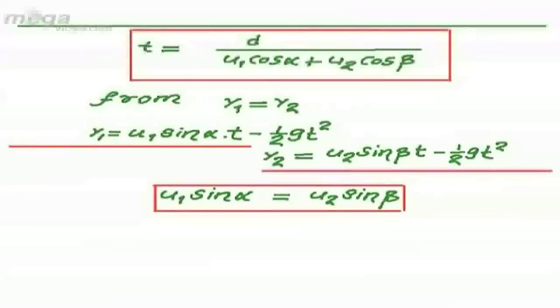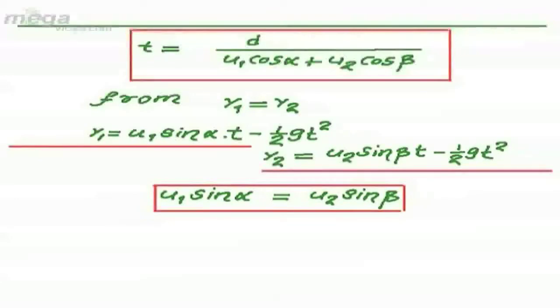If the y components of velocity of the two projectiles at the time of projection are equal, then they will always reach the same height at any instant.